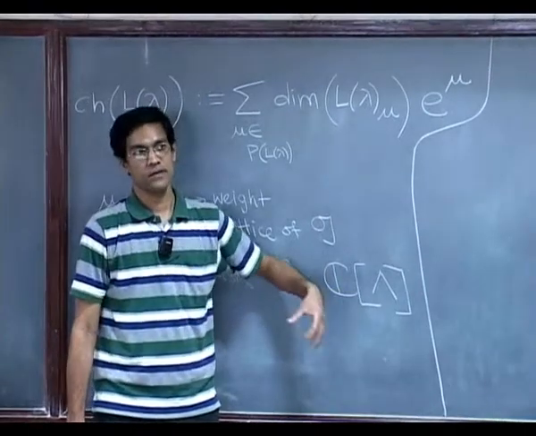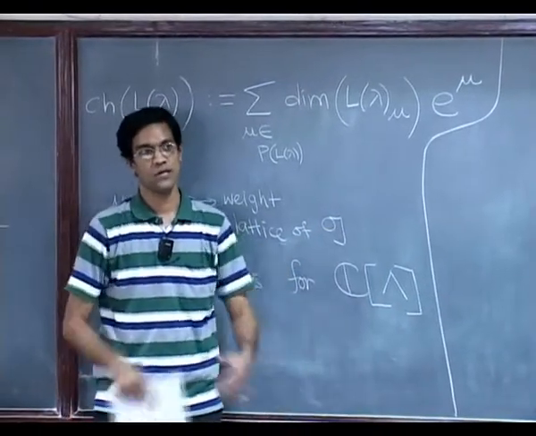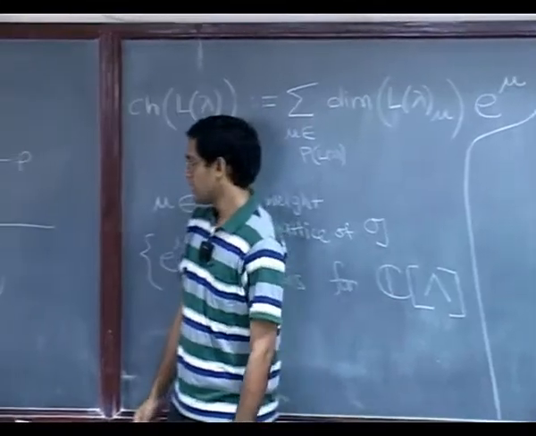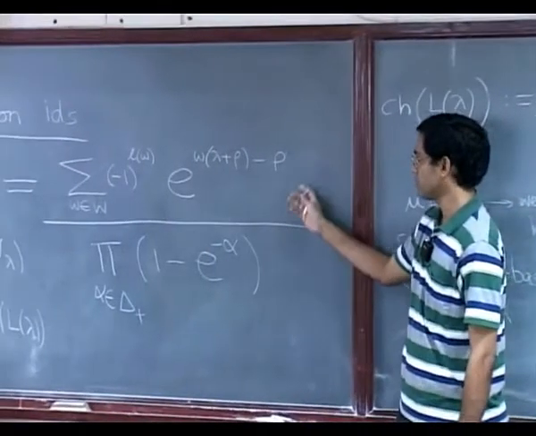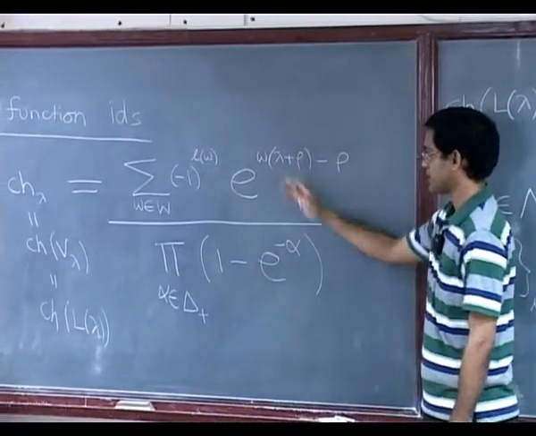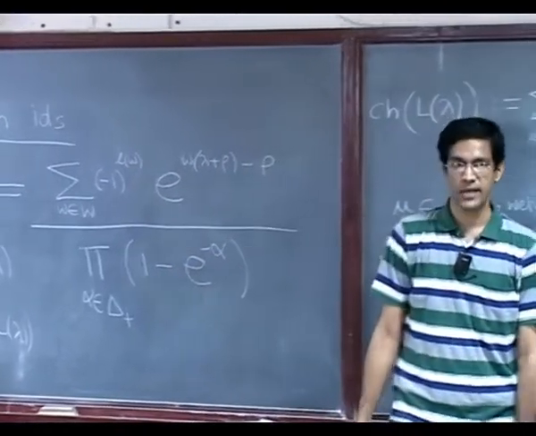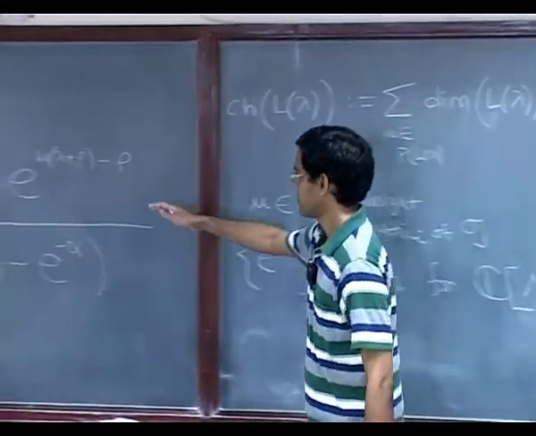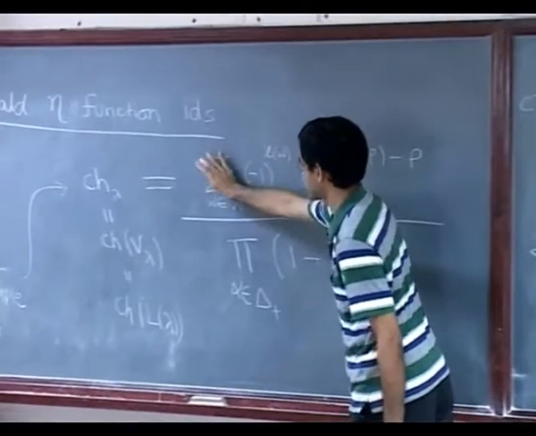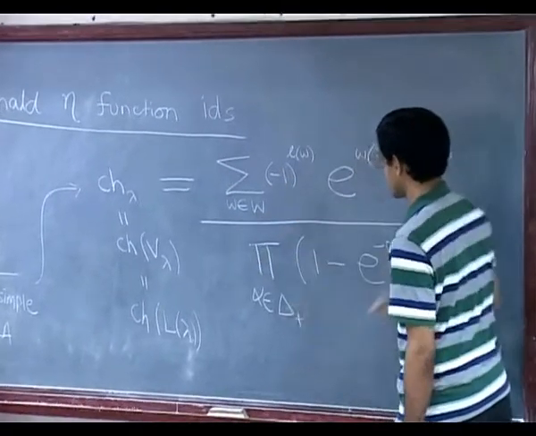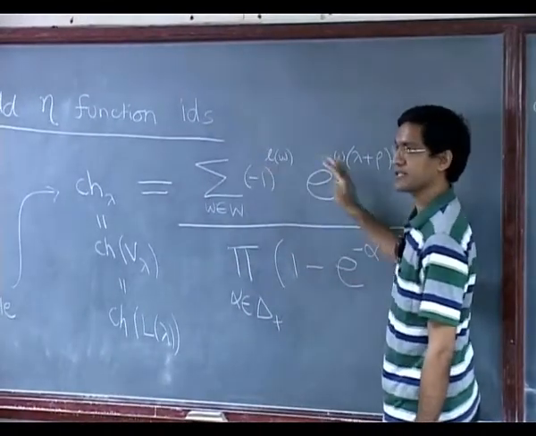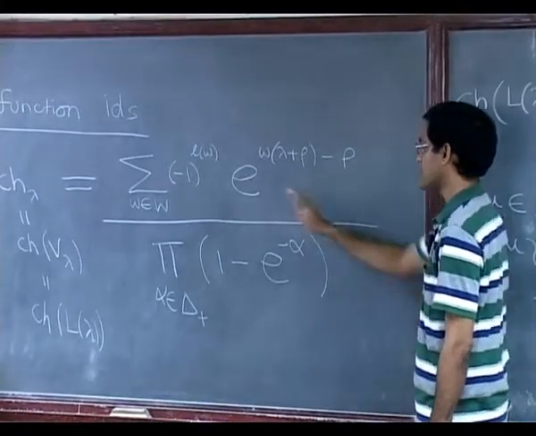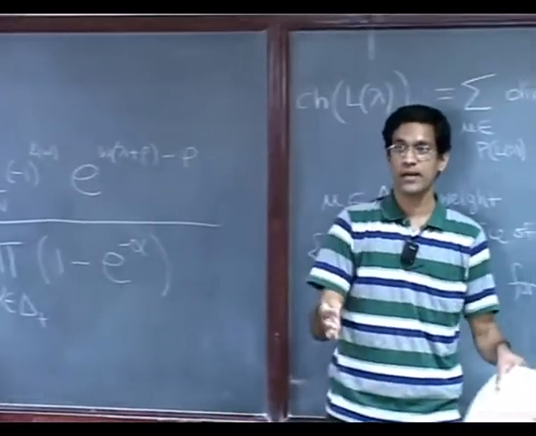You also have to allow infinite sums of these e mu's, certain kinds of infinite sums where these alphas sort of decrease. If you take that point of view, then this object here is an element of that power series ring, and the content of the Weil character formula is that it is a sum over several things, each of which is a power series, an alternating sum of various power series, and the Weil character formula says eventually that this alternating sum of power series is only a finite polynomial.